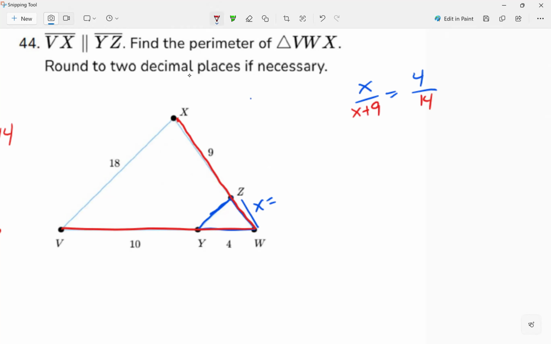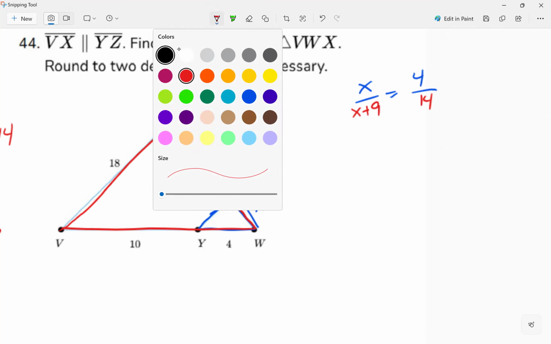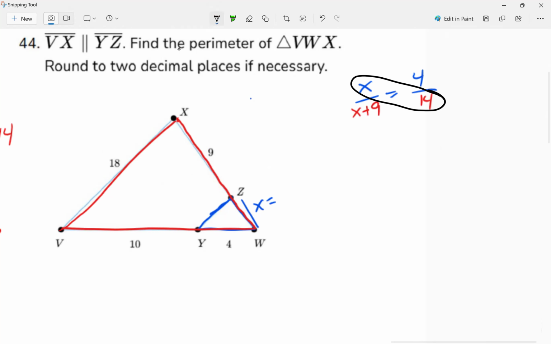Because 10 plus 4. And then obviously there's the third side I don't need. Okay, cool. Let's cross multiply. 14 times X gives me 14X. Now here, 4 times X and 4 times 9 gives me 4X plus 36, right? It has the plus in between, so 4X plus 36.